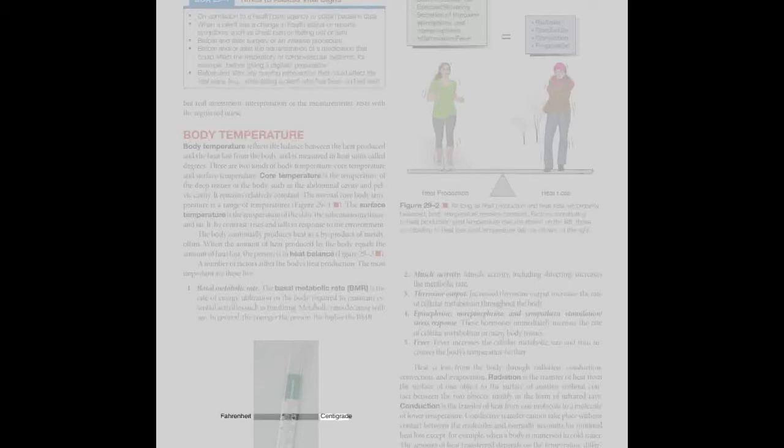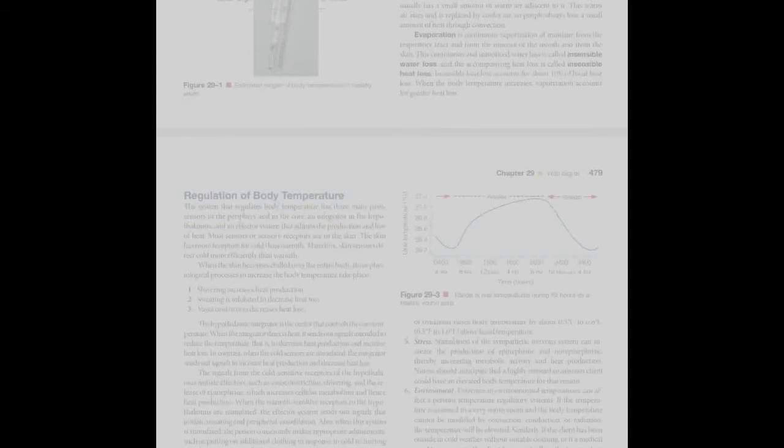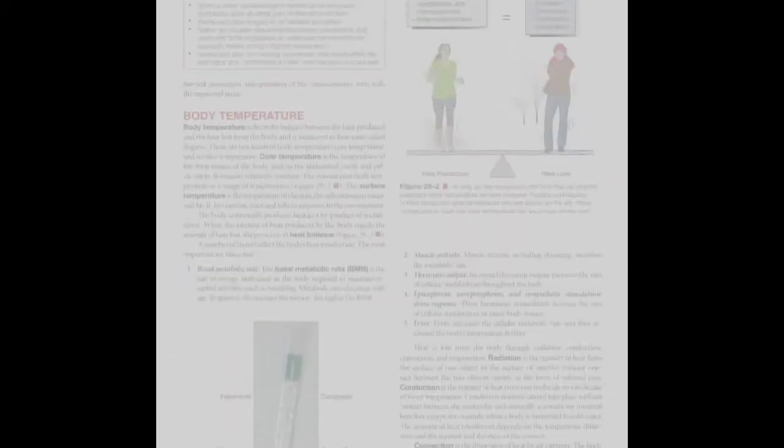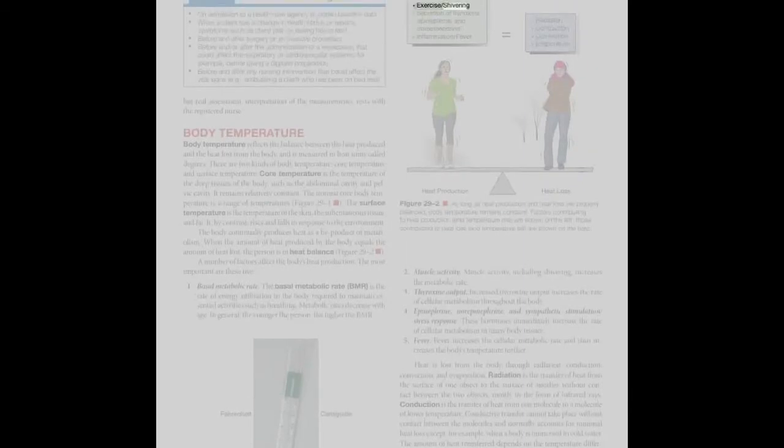Fahrenheit, centigrade, usual range of normal. Figure 29:1 Estimated ranges of body temperatures in healthy adults. Heat production, heat loss. Basal metabolic rate, exercise/shivering, secretion of thyroxine, epinephrine, and norepinephrine, inhalation/fever.